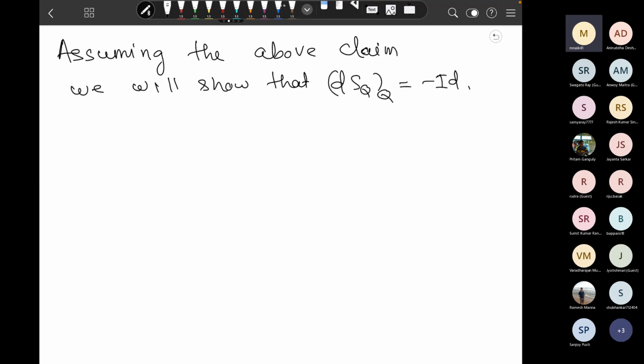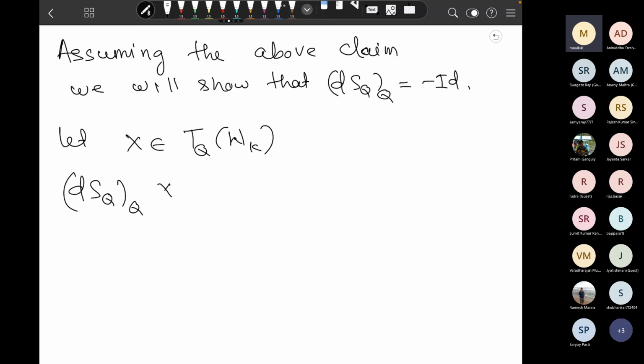Okay, so let X belong to T_Q W_K. So what is dS_Q at Q applied to X?